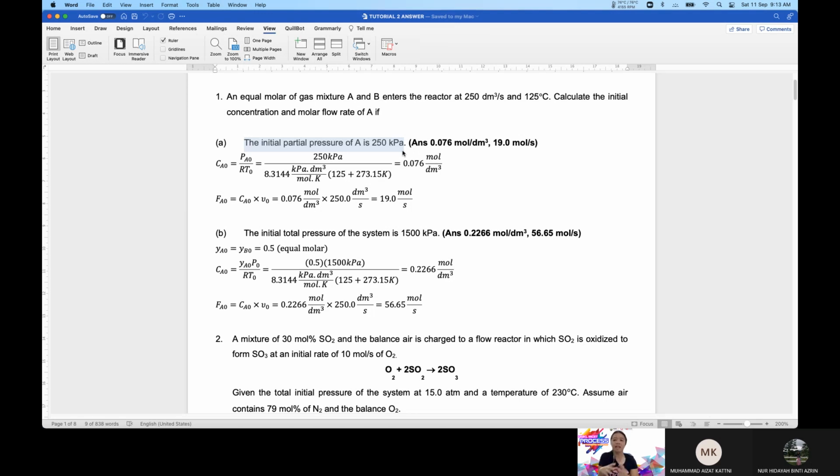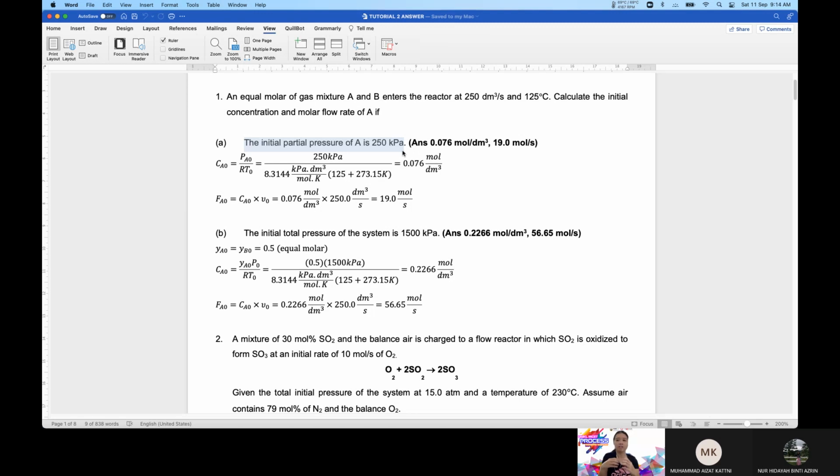Sama case, tekanan pun, pressure of your reactant can change or can drop or can increase during the reaction. So sama je, pressure pun kena indicate initial ke final pressure. So saya kata initial, so jadi PA naught means pressure yang dimiliki oleh A dalam sistem kamu.